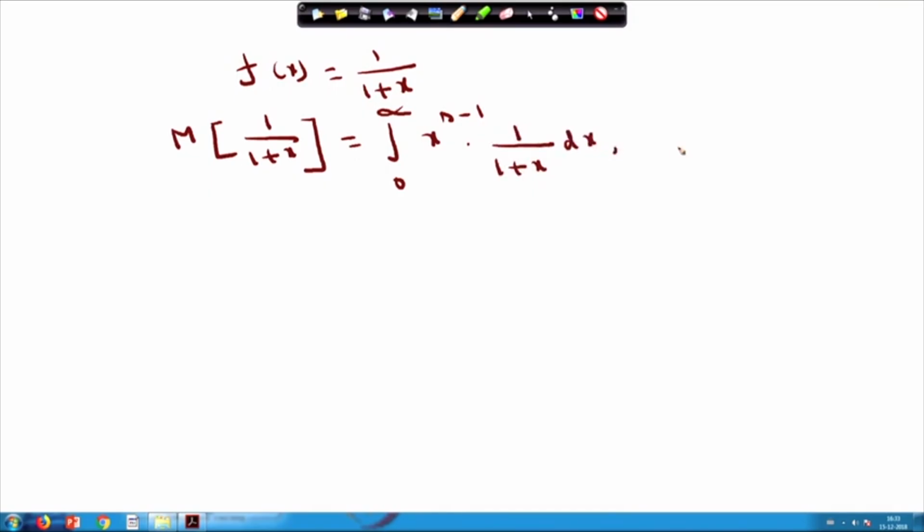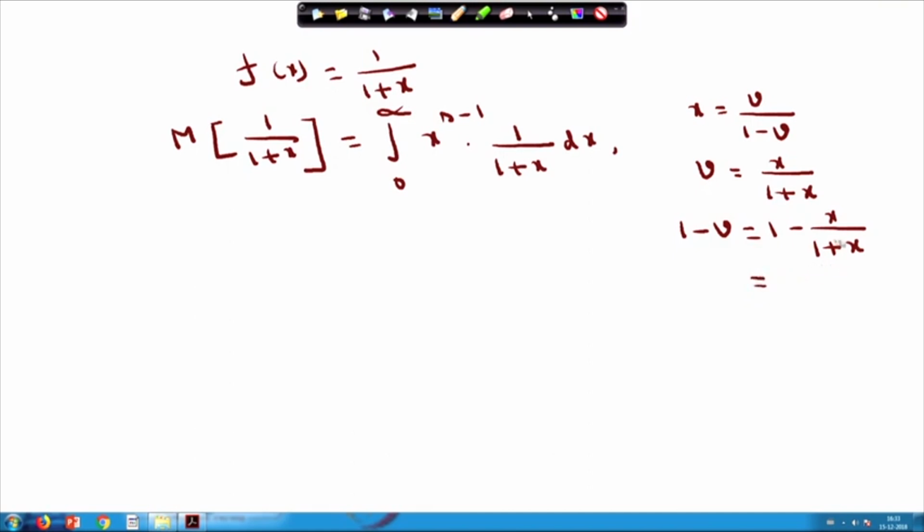Now, if I substitute, say, x equals v by 1 minus v, then if you calculate v, this will become x by 1 plus x. So, 1 minus v is 1 minus x by 1 plus x, and if you calculate this, 1 plus x minus x. So, 1 minus v is becoming 1 by 1 plus x.